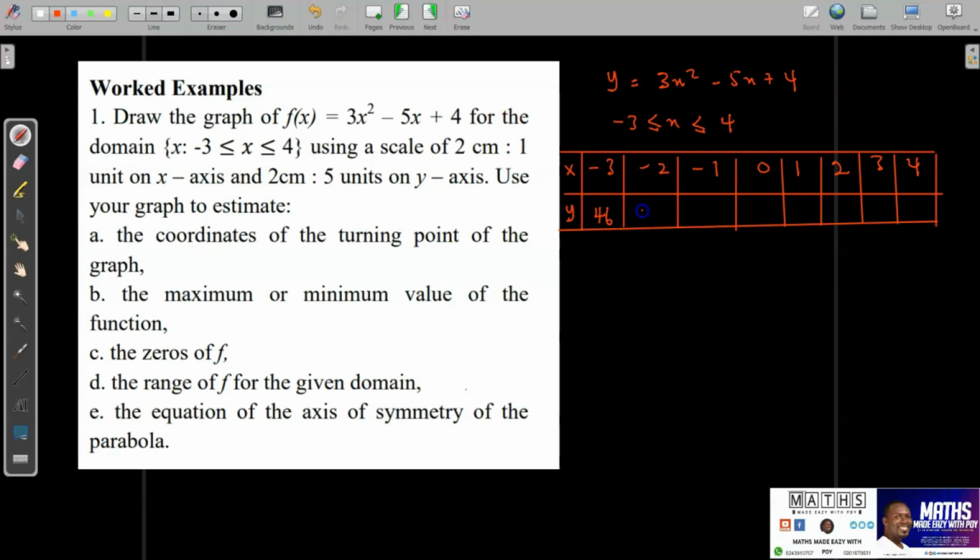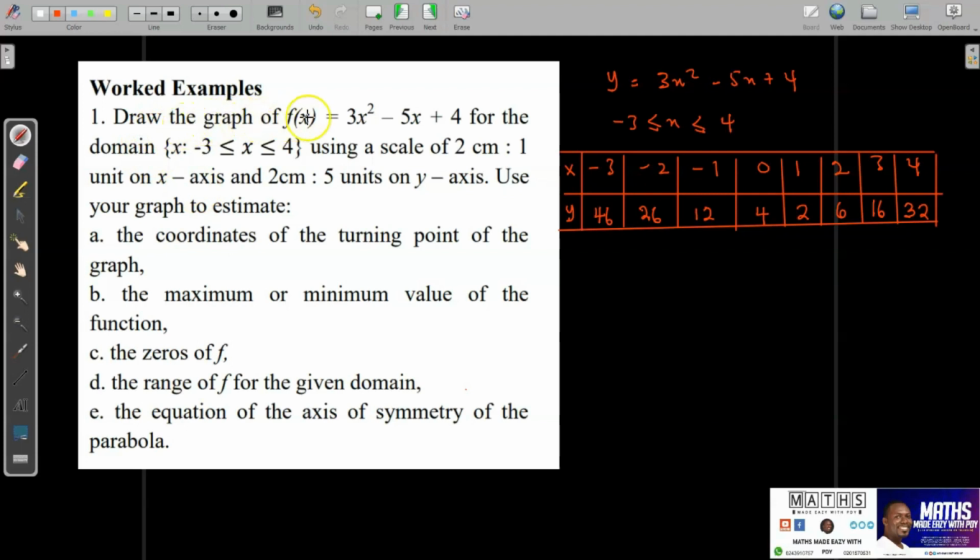Then 12, then 4, then 2, then 6, then 16, then 32. Yeah. All right. So that is it.